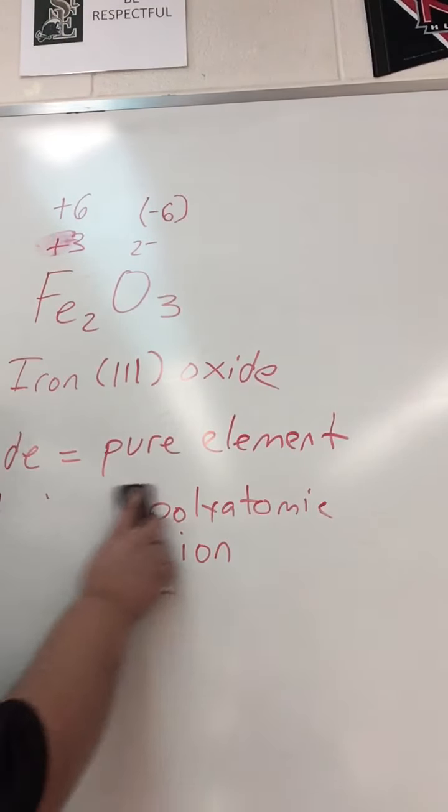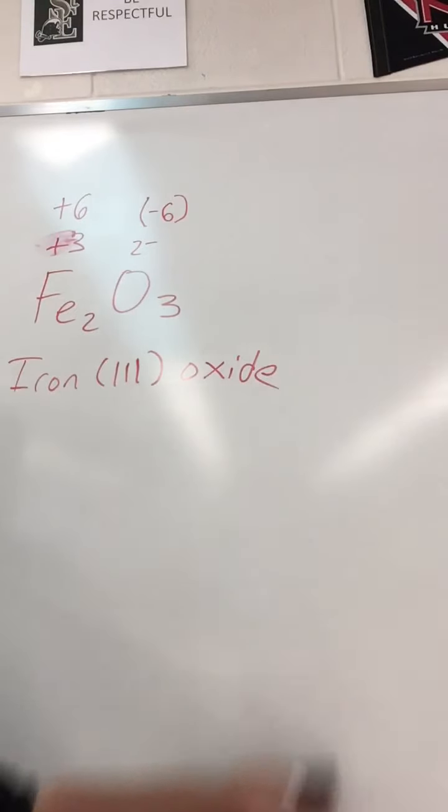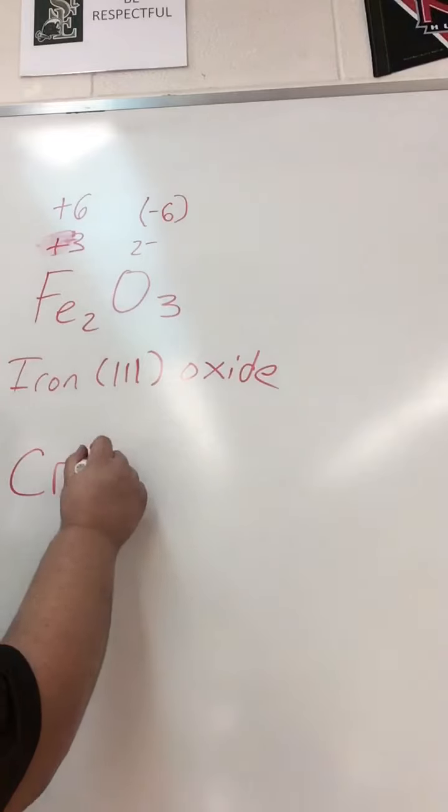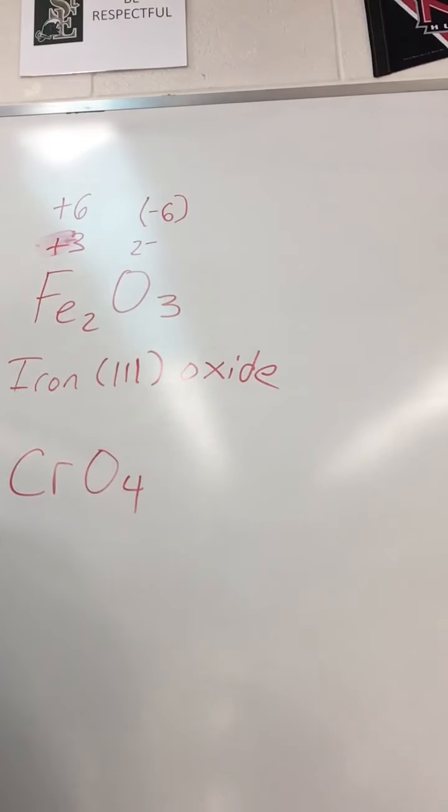All right, but let's erase this for a moment and let's do one more example. So looking at my periodic table, trying to keep it fresh, let's do CrO4. All right, so we have chromium, we don't know the charge. Oxygen, there are 4 oxygen atoms.